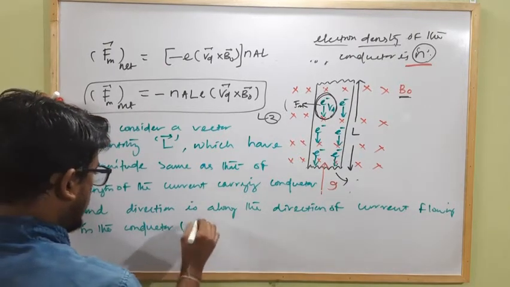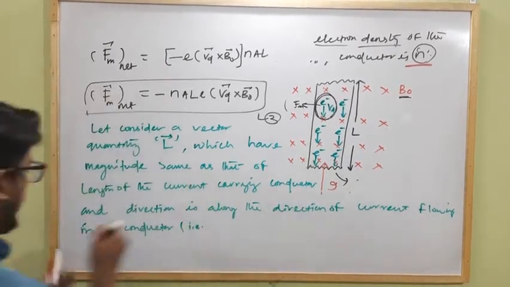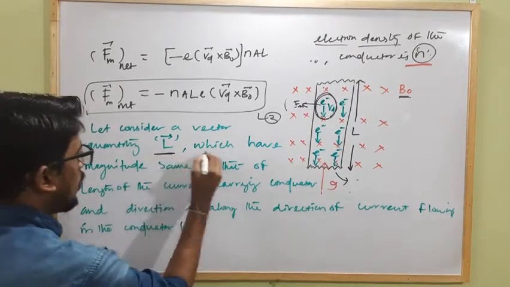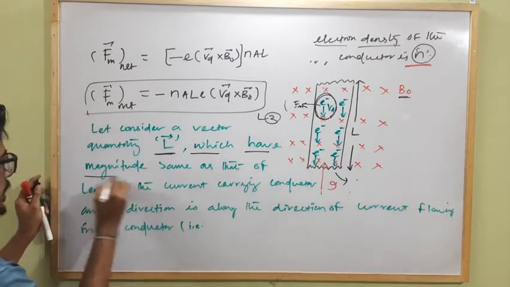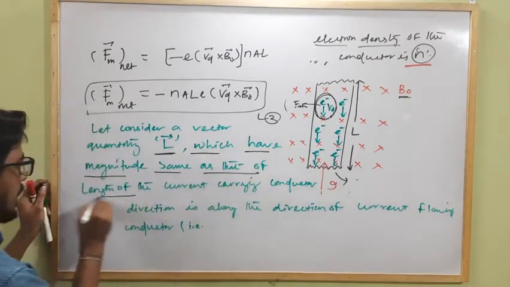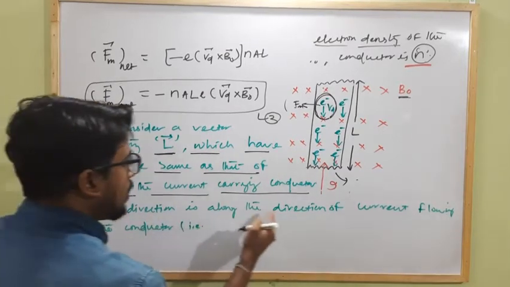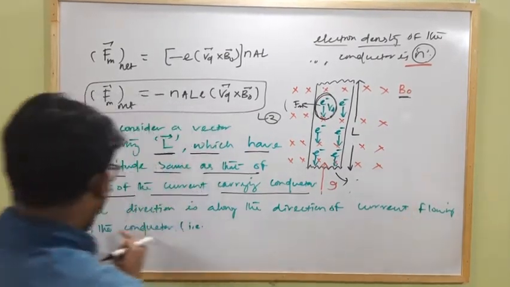That is, we are considering a vector quantity L which has magnitude same as that of the length of the current carrying conductor, and direction along the direction of current flowing in the conductor.